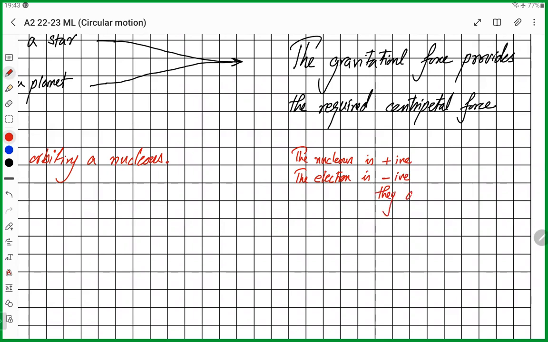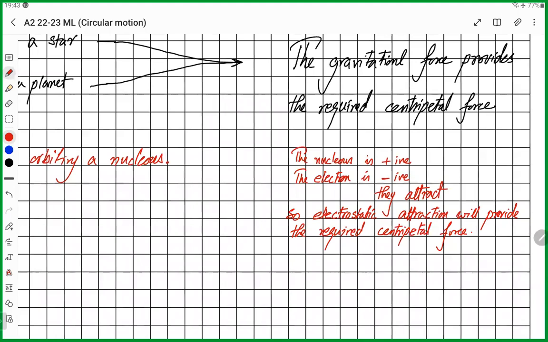They attract. So electrostatic attraction will provide the required centripetal force.